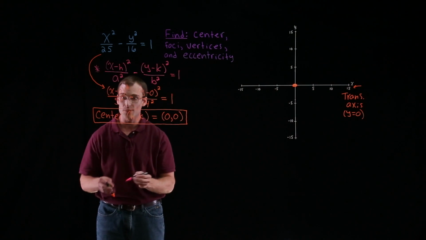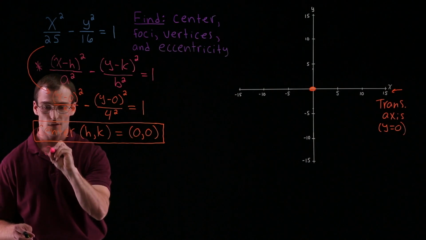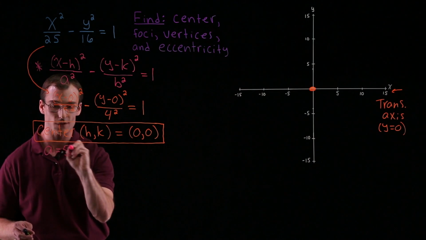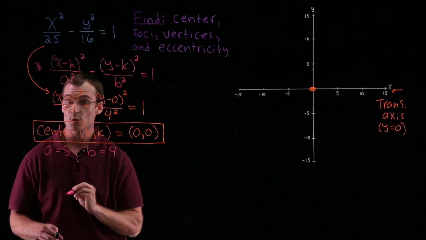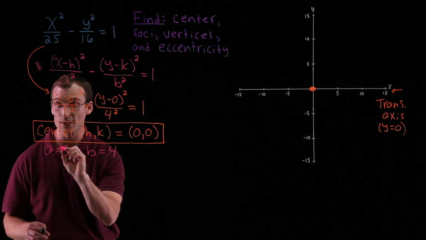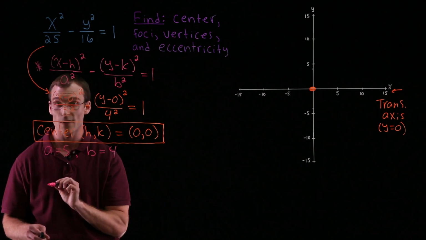Looking at the vertices, we look at our a and our b from the standard form. We have a equal to 5 and b equal to 4. We find the vertices by going from our center point along our transverse axis a distance of a.